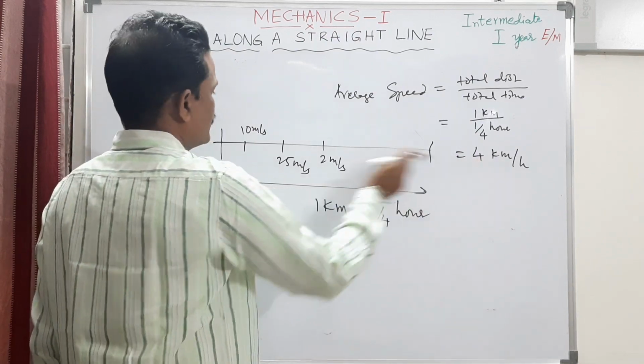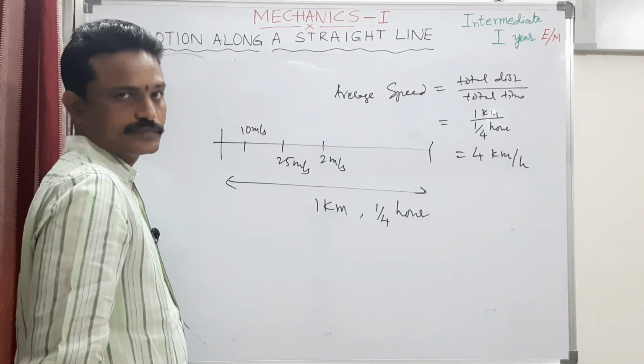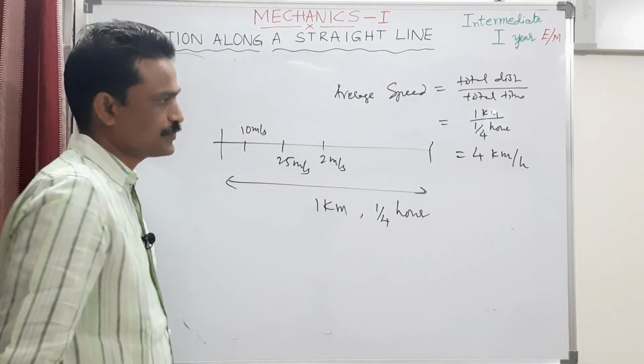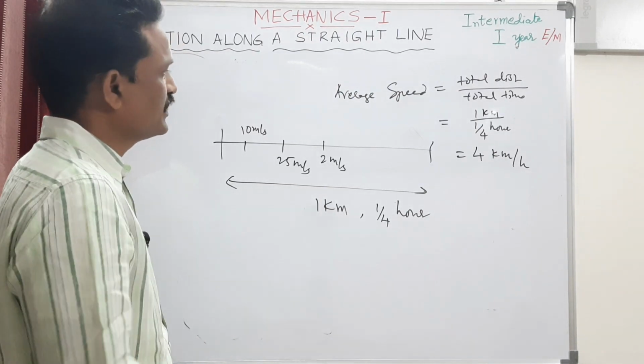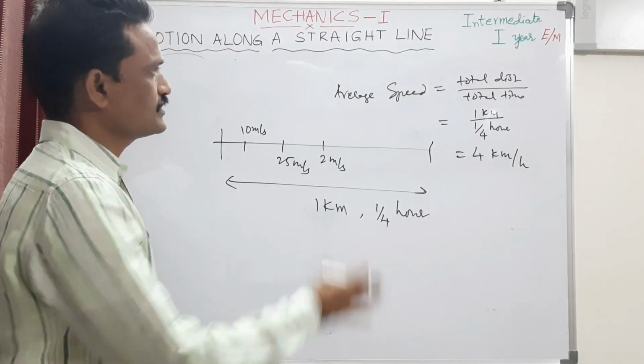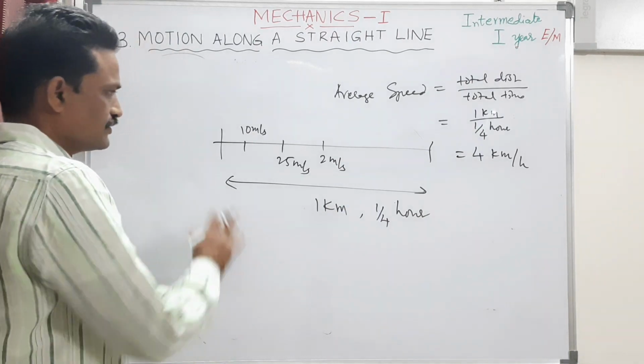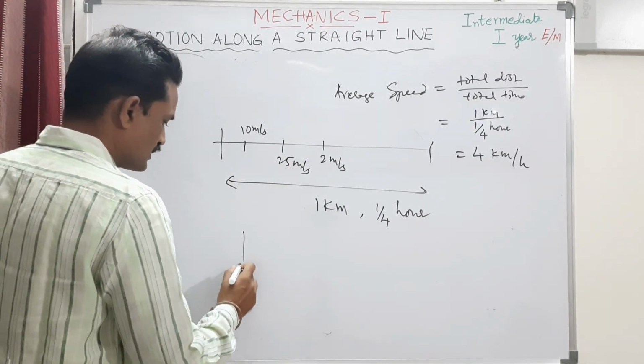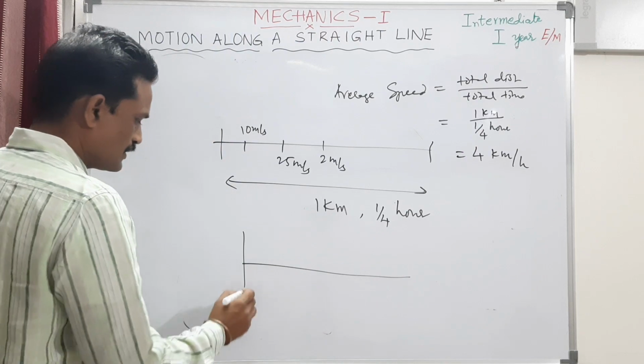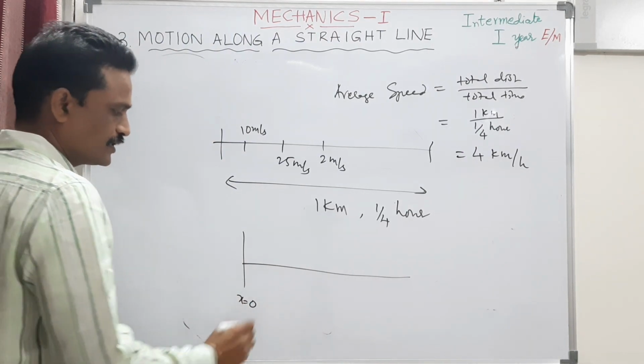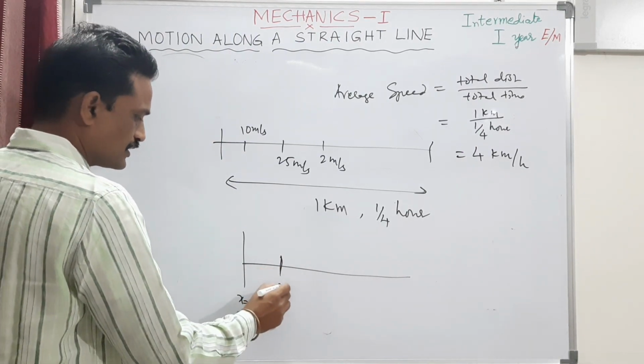It may not be the same at all the points. You might be traveling with some other speeds in the middle of your journey. This is called average speed. Let us take, as I told you, a straight line motion. So this is x equal to 0. Initially you are at this point, that is x1.